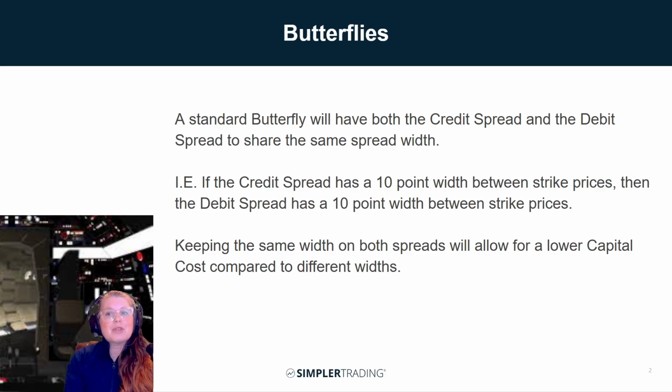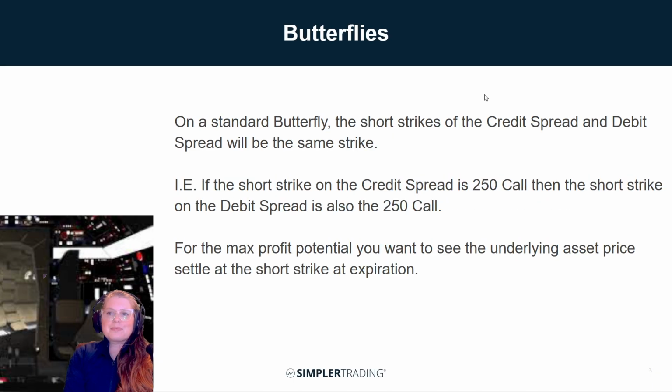For example, if the credit spread is a 10-point width between the two strikes, the sold to open and the bought to open strike, then the debit spread is also a 10-point width between the bought to open strike and the sold to open strike. Keeping the same width on both spreads will allow for a lower capital cost compared to different widths.